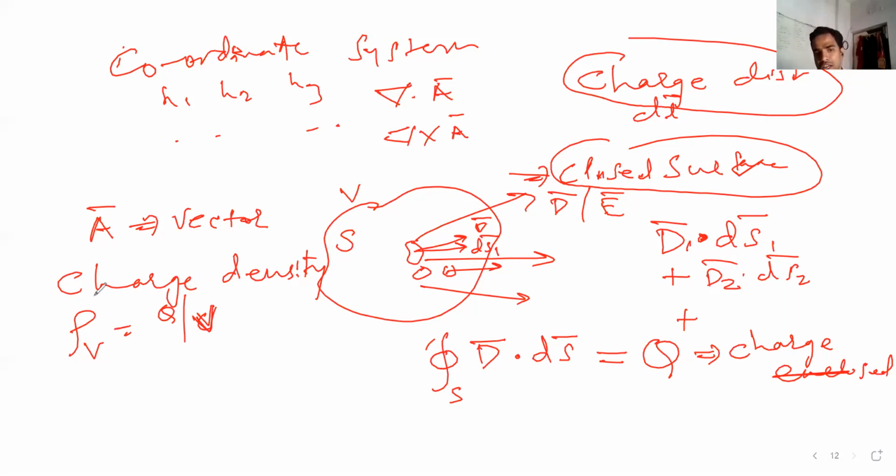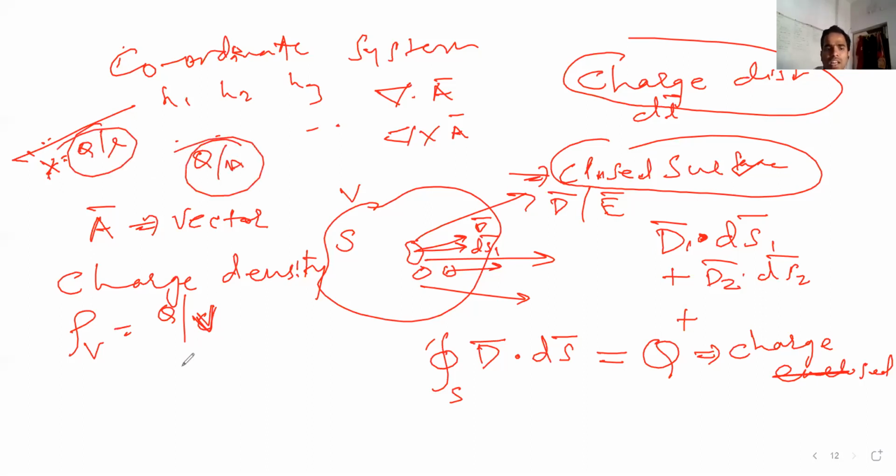It can be line charge density, charge per unit length, lambda, though there are different symbols in different textbooks. Similarly, we define surface charge density, and here we define volume charge density, with symbol rho v. Is this fine till here?